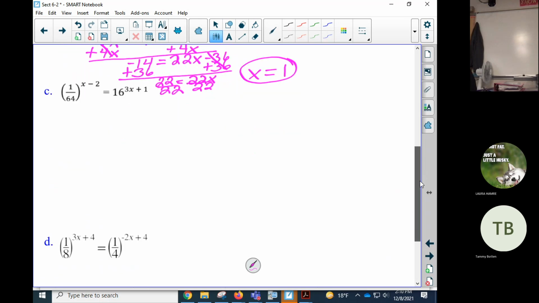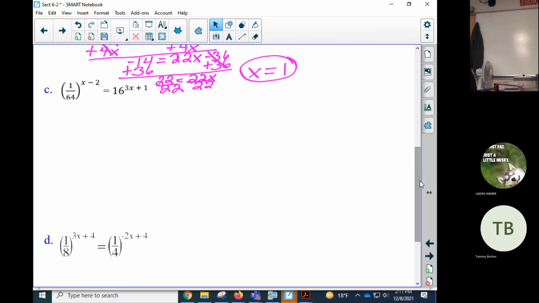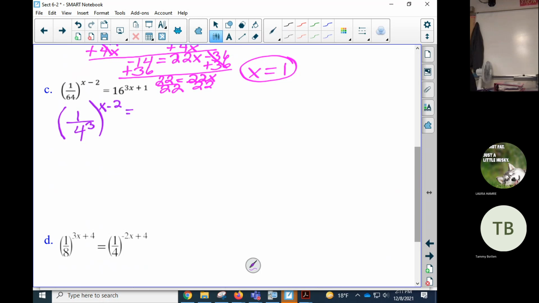Okay. Now again, with this one, what row are 64 and 16 both on? 4, right? 64 we can write as 4 to the third power, okay? And 16 we can write as 4 to the second. And that would be to the 3x plus 1, okay?